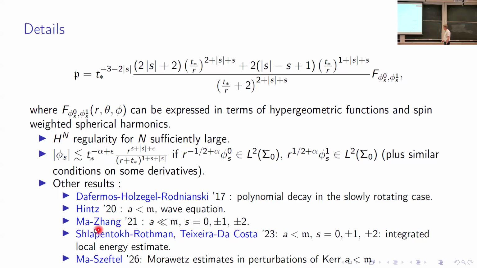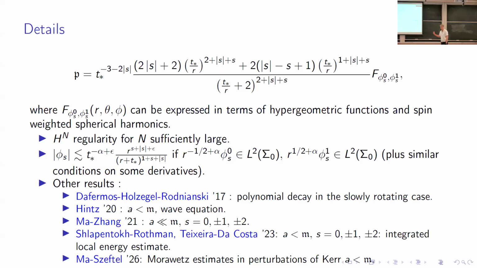And then we have the result by Rita and Yakov for also the full sub-extremal case for integer spin, and they get an integrated local energy estimate. And there's a new paper by Ma and Sheftel, who get some more estimates for perturbations of Kerr.